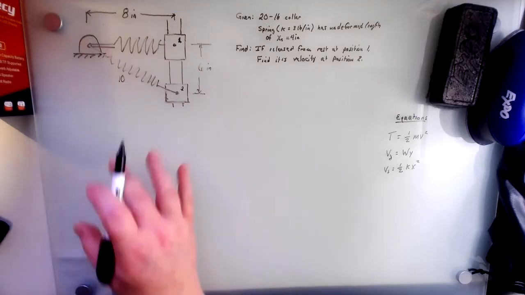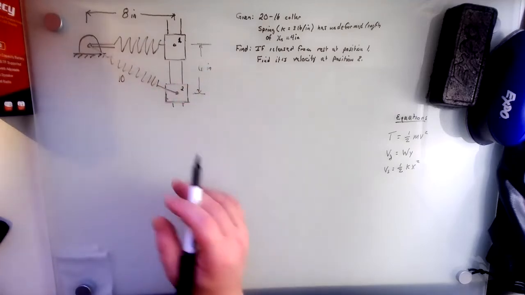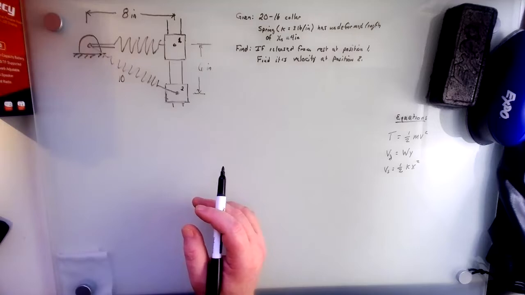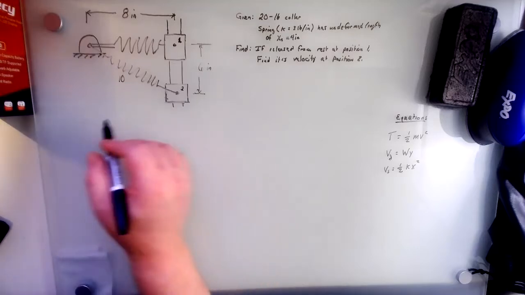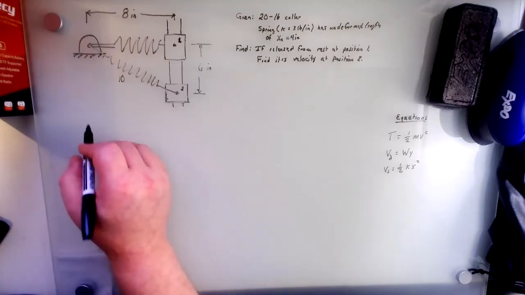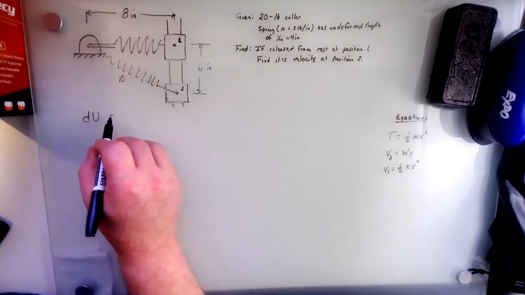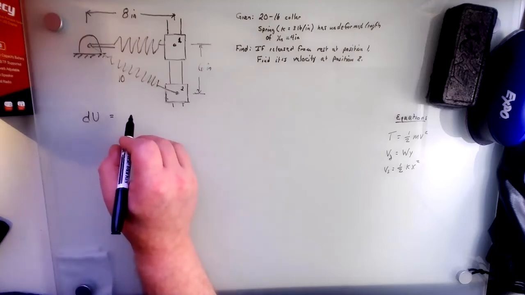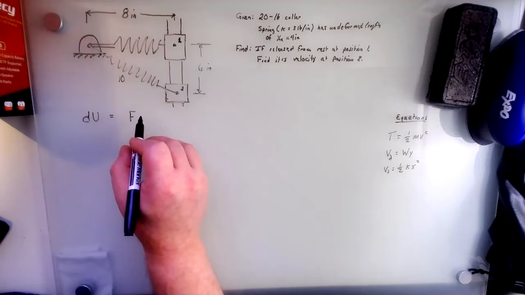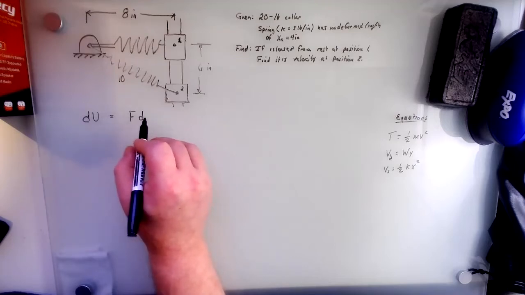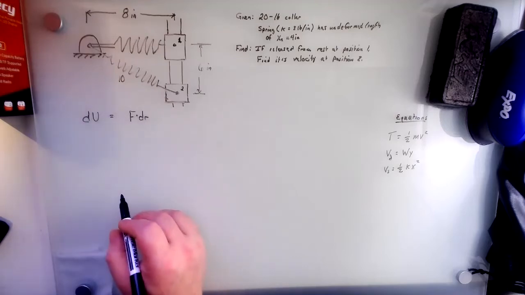And I just wanted to take a minute before we get started to explain some things about the conservation of energy. So the last block started with this idea that the differential of work is equal to the differential of F times dr, right?